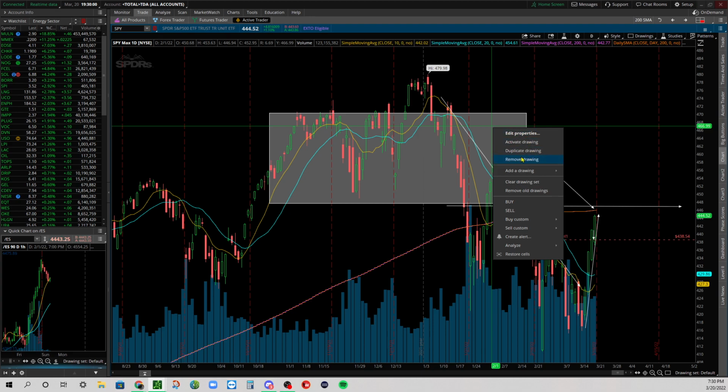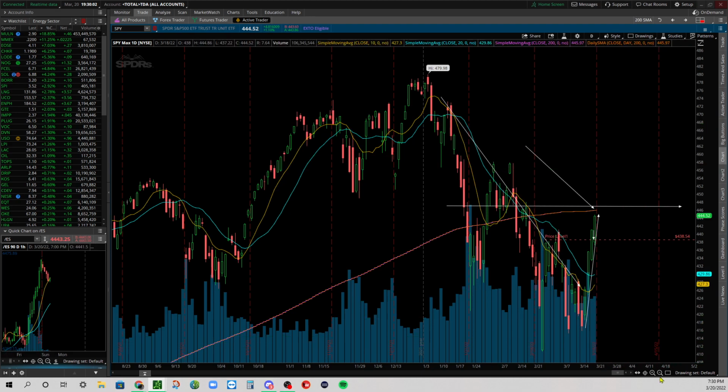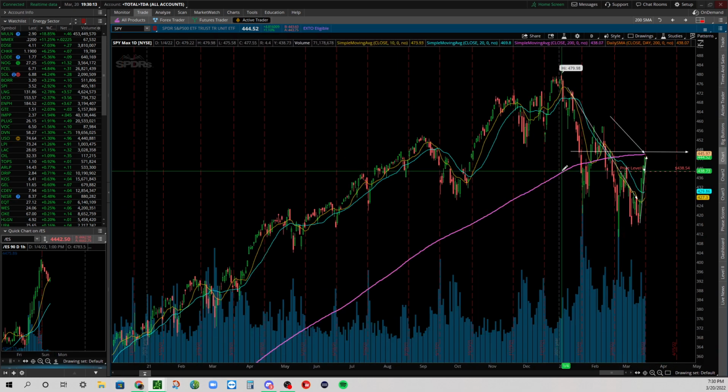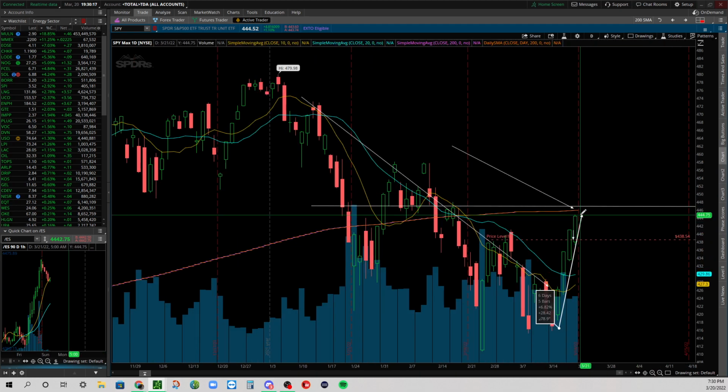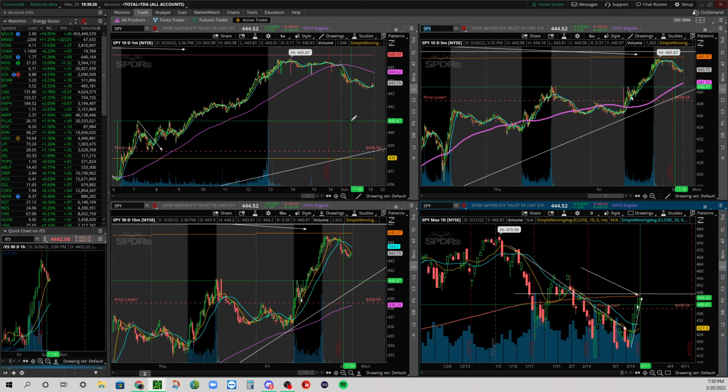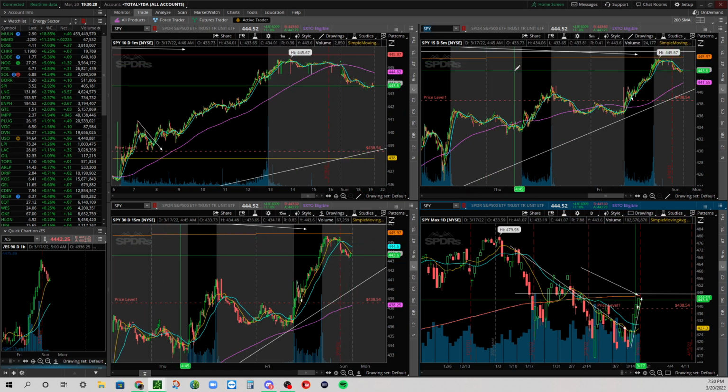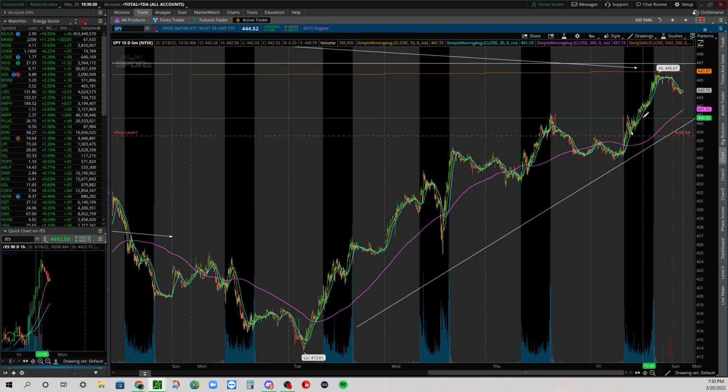So short-wise, this is going to be like an A setup for me on the short side, to see weakness right into that 200 SMA. So tomorrow's play, if you're going to be doing a SPY options trade, keep in mind that the 200 SMA is right there on the daily, right? You can see it on the 1 minute and the 5 minute. So we're going to maximize the 5 minute here.